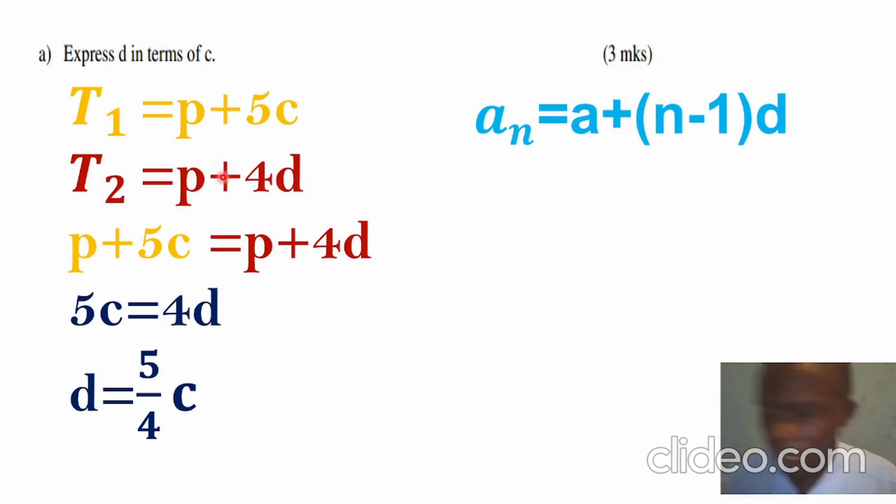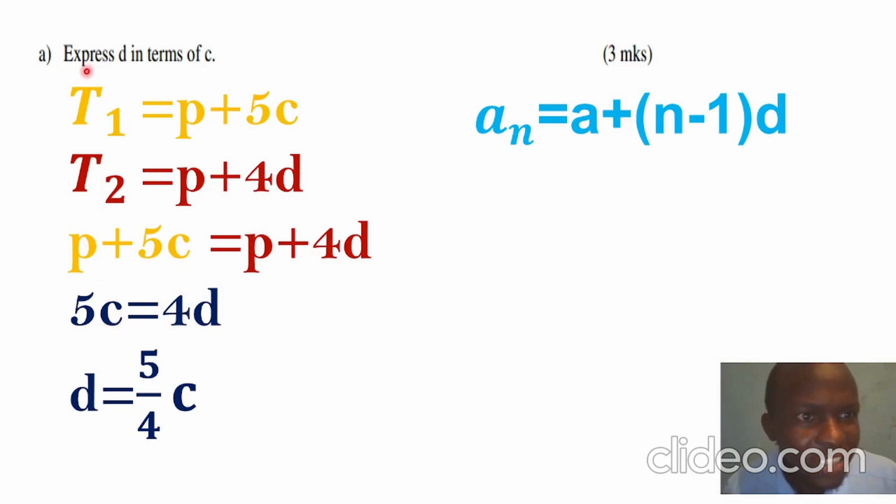And because in the question it has been stated clearly that the two are equal, we're going to equate them like this. Now, when you equate them, P cancels. When P cancels, we remain with 5C is equal to 4D.